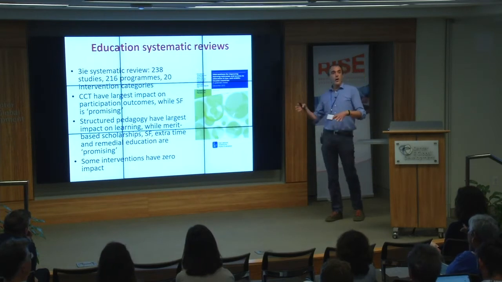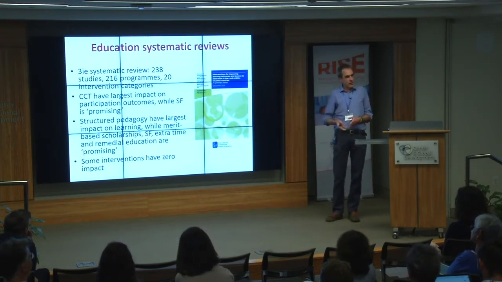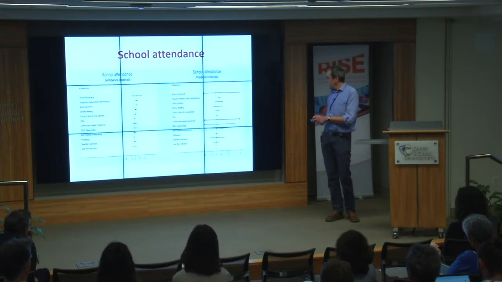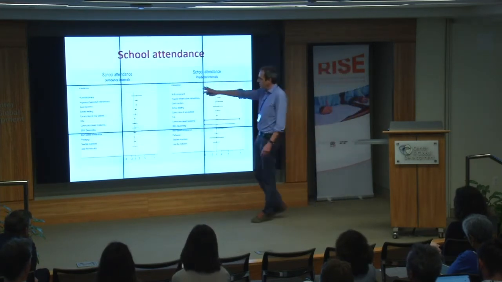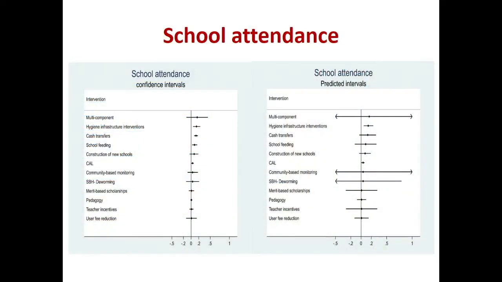Now I'm going to show what difference it makes to use confidence intervals versus prediction intervals. The chart here on the left shows meta-analyses. Each row is not a single study, but a meta-analysis with the estimate and the confidence interval. You can see the statistically significant results for cash transfers and school feeding. Now, when we use prediction intervals rather than confidence intervals, we get much wider variation, and significance disappears.